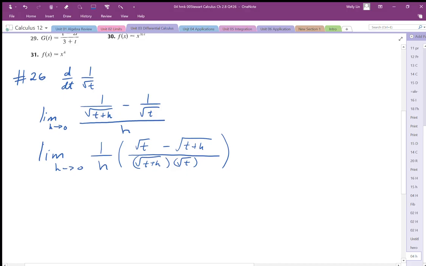So at this point I need to get rid of this binomial radical, so I need to multiply it by its conjugate. And that will end up freeing up that h right there to cancel with a divide by h. So I'm going to multiply by root t plus square root t plus h and do that on the top and bottom.